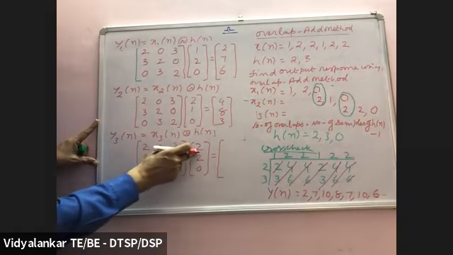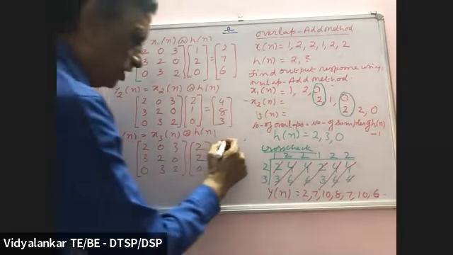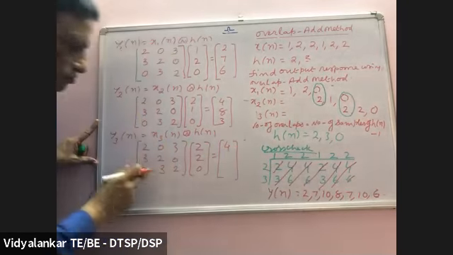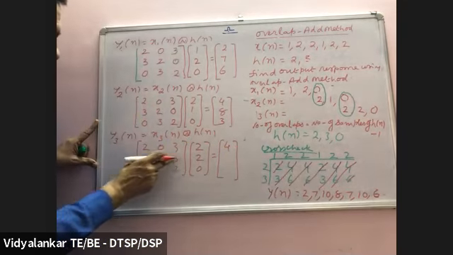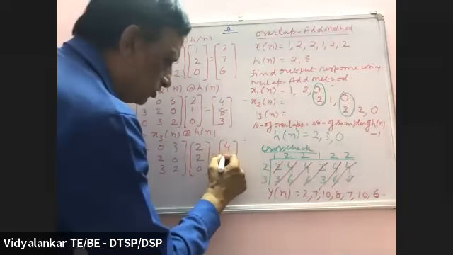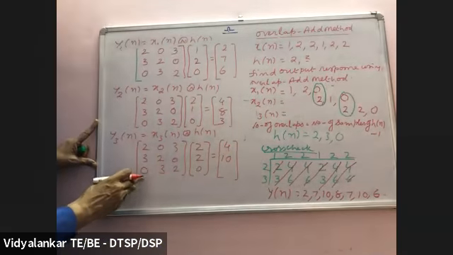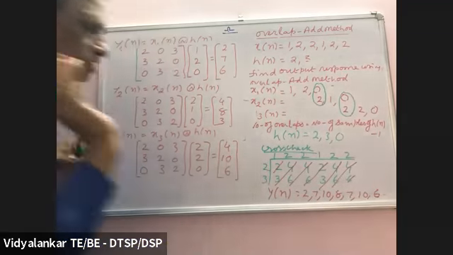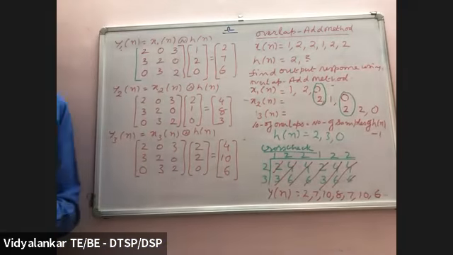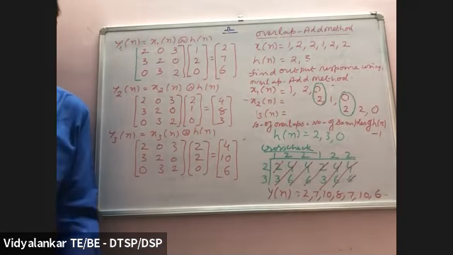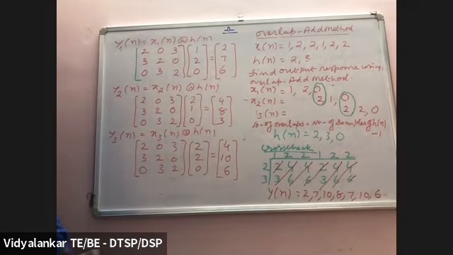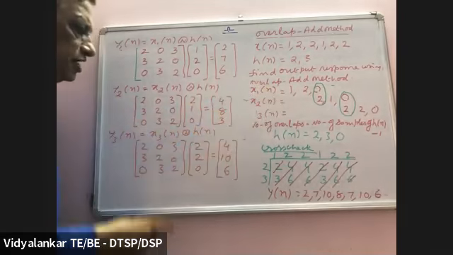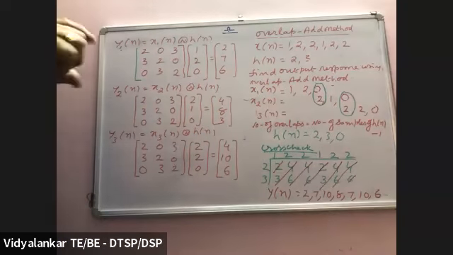So y3[0] is 4 plus 0 plus 0, means y3[0] is 4. Then 3 into 2 is 6, plus 4 is 10, plus 0 is 10. Then y3[2] is 3 into 2 is 6 plus 0 is 6. So this way we get y1, y2 and y3. Now how are x1, x2, x3 arranged? The same way y1, y2, y3 with one overlap.